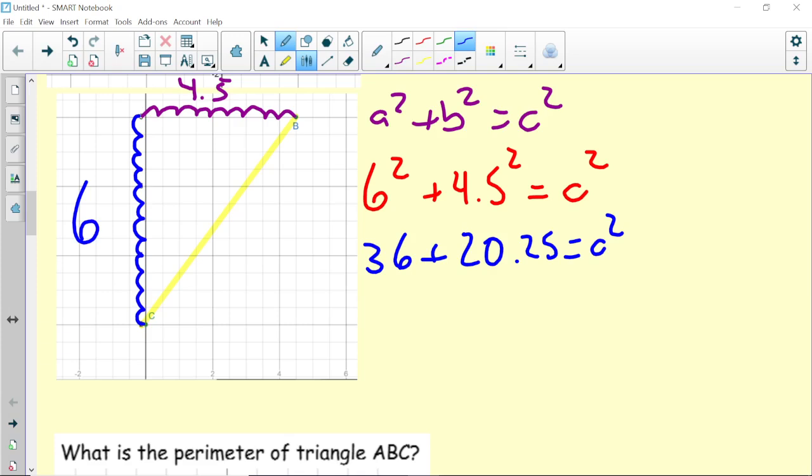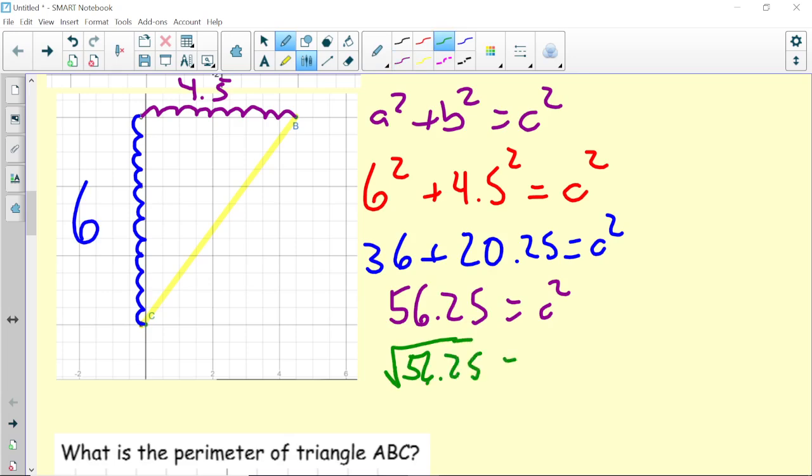We get 56.25. Again, we don't want c squared, we want c, so we got to square root this. 56.25. And when you do the square root of 56.25, we get another nice number, or not a nice decimal, 7.5.